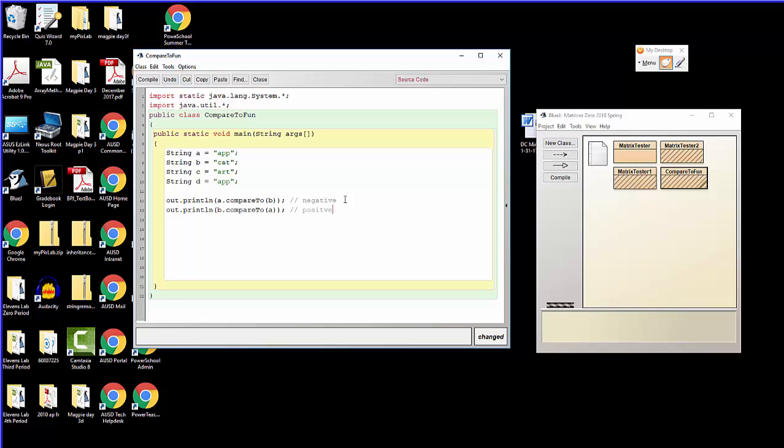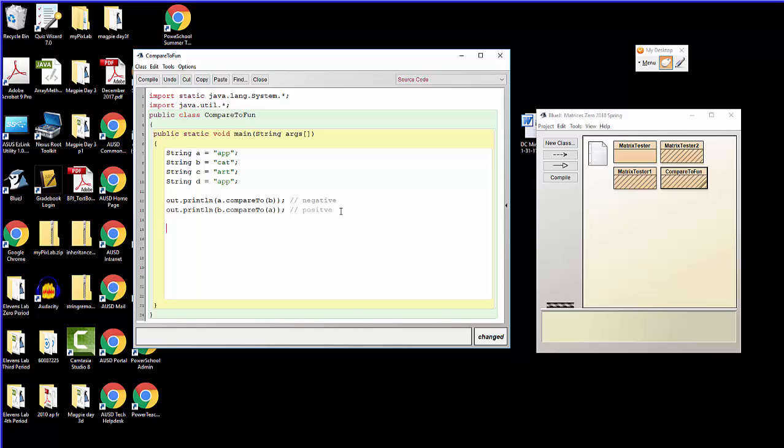Now, it doesn't start and stop at just the first letter. Look at string A and string C. It's not going to say they're equal because app and art are not the same word.